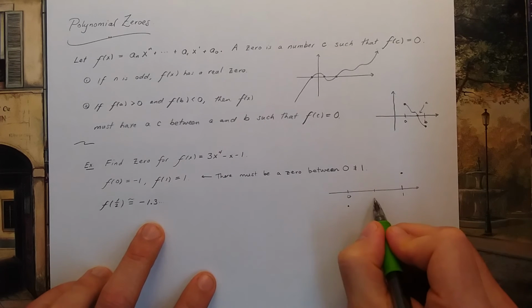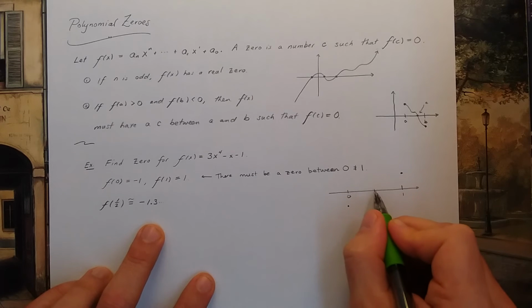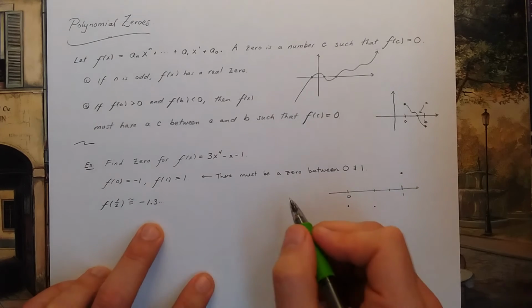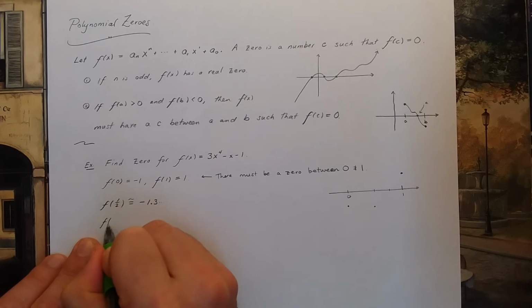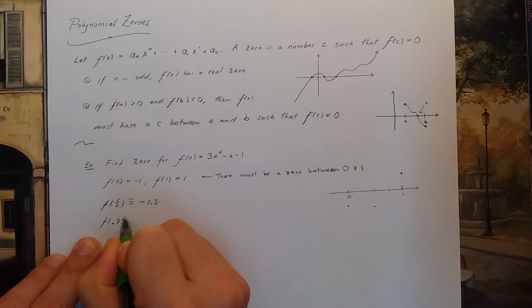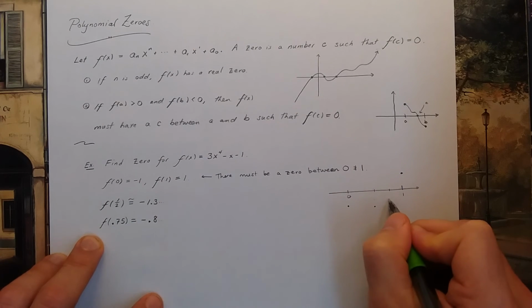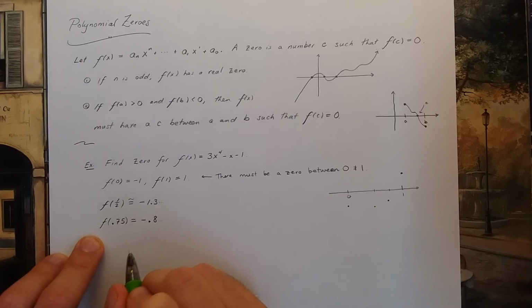So I'm still negative at 1/2. So now I'll plug in 0.75. If I plug in 0.75, I will get negative 0.8. So I'm still negative over here.